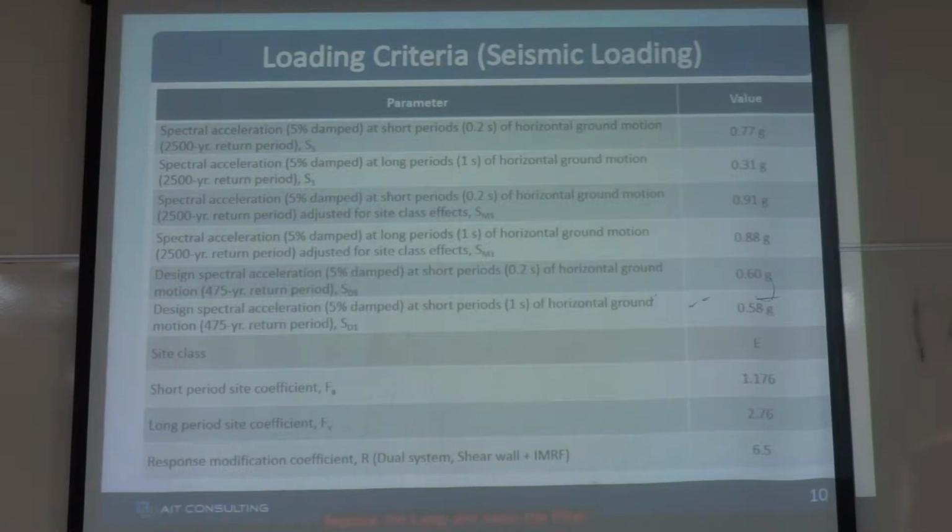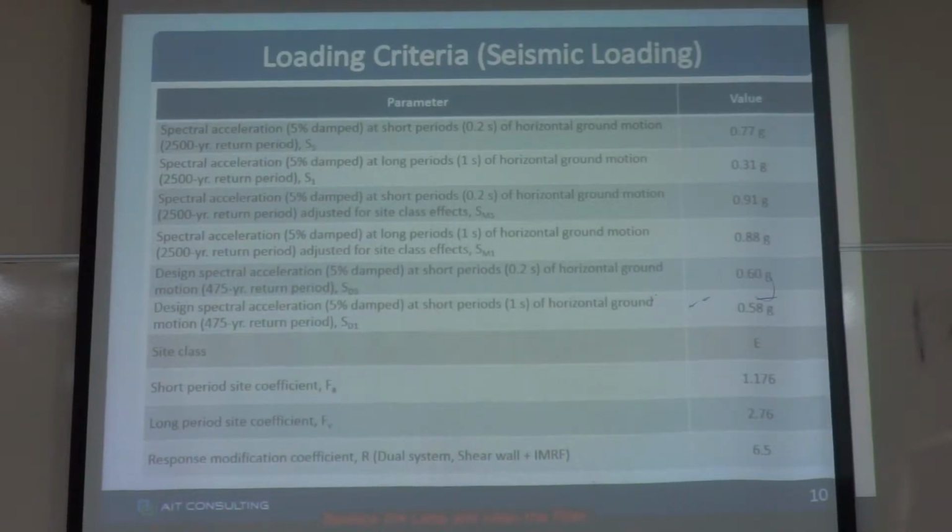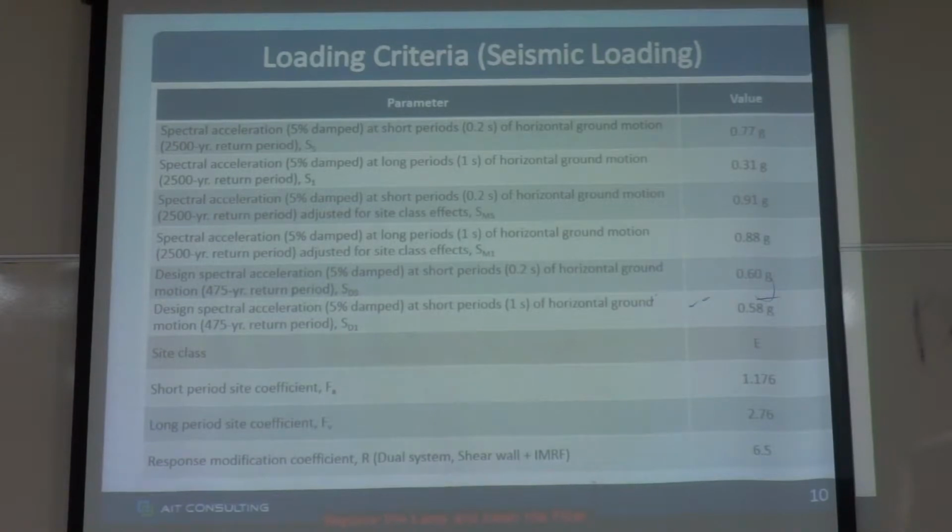In ASCE 7, first, ASCE 7 is generated for the United States. They conduct the seismic hazard assessment and prepare the seismic hazard map for the code.